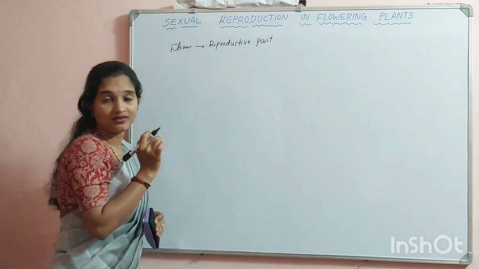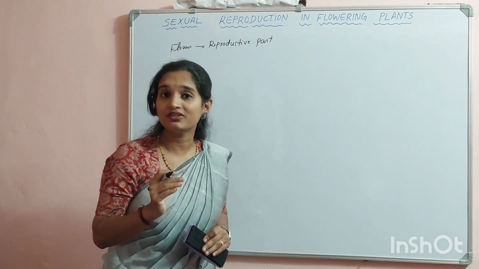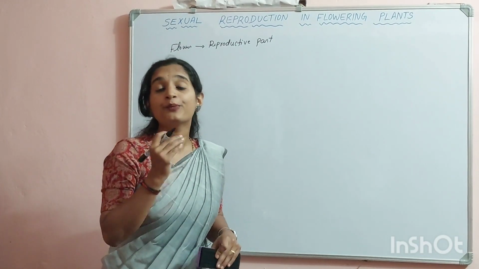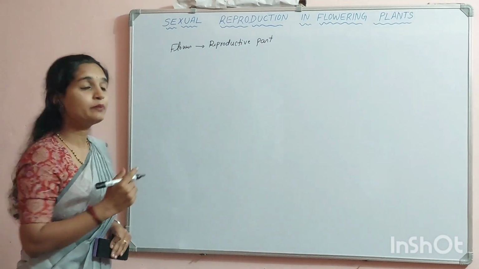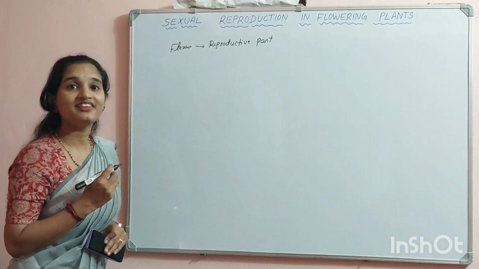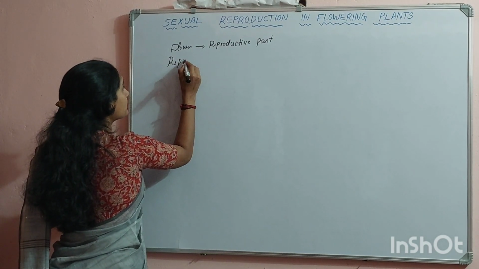Reproduction means it is a process of giving birth to a new individual, or the process of forming a new individual, called reproduction. So let me write the definition of reproduction.